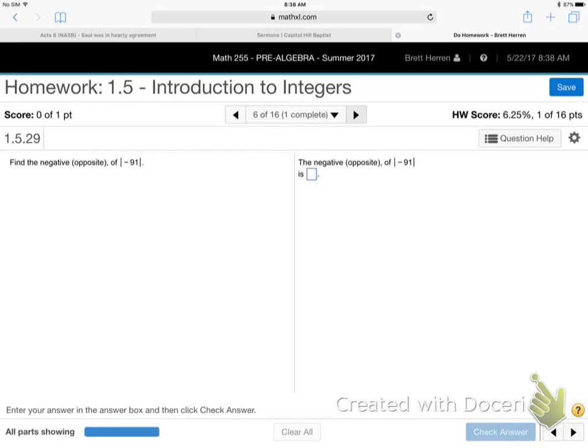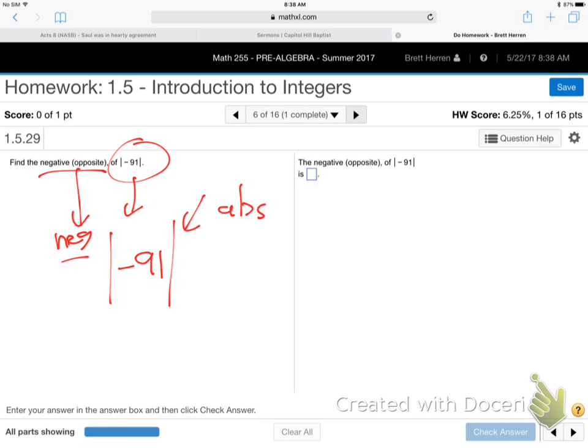Okay, so the opposite of that. They want me to do the negative of that. See how I did the negative in the front? The negative of the absolute value of negative 91. Those straight lines mean absolute value. Let me write that. Absolute value symbols.